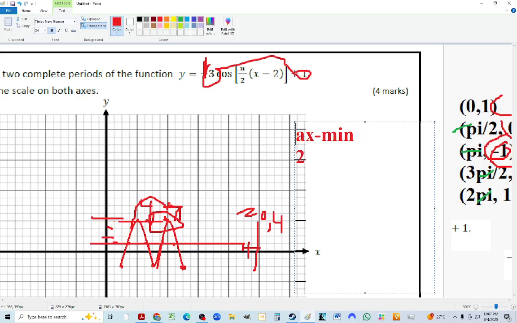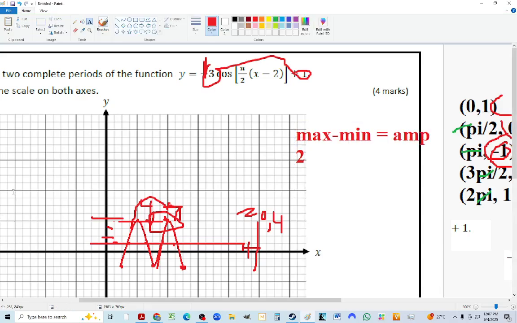So that gives you 4 minus minus 2, which gives you 6. Divided by 2, 3. It gives you the amplitude. So max minus min divided by 2 will give you your amplitude. Those are key things to memorize when you're transforming this. Once you have that down, you can transform anything.